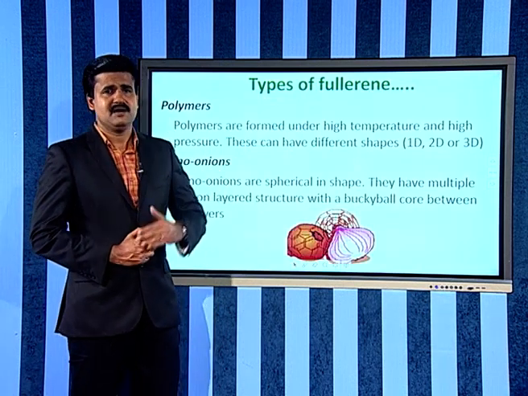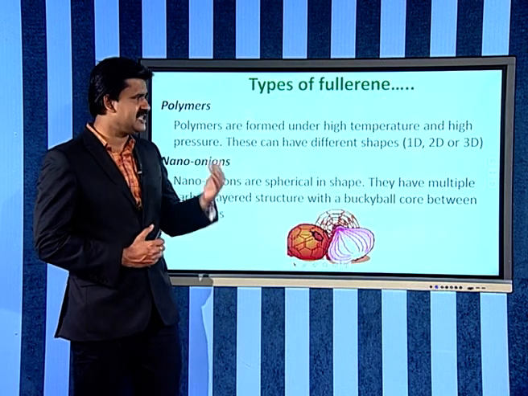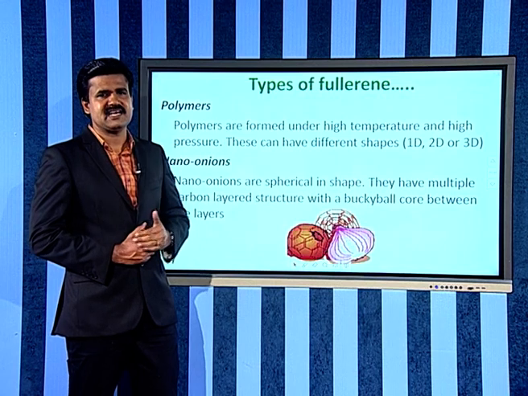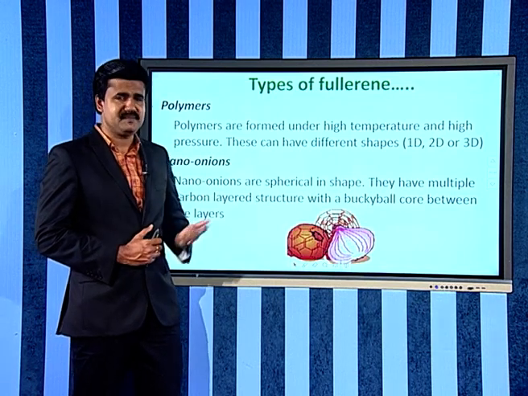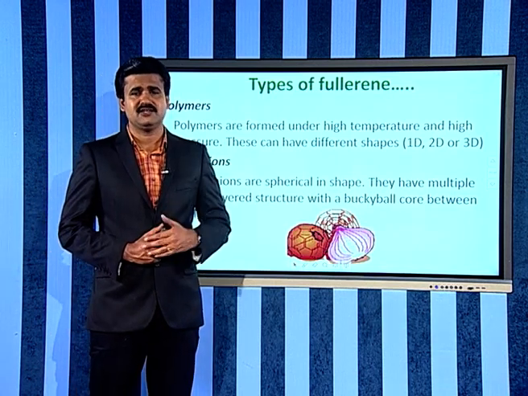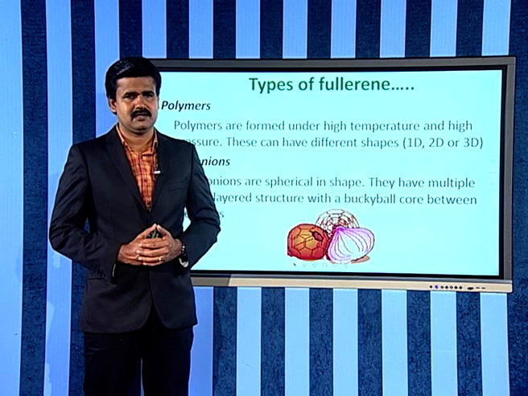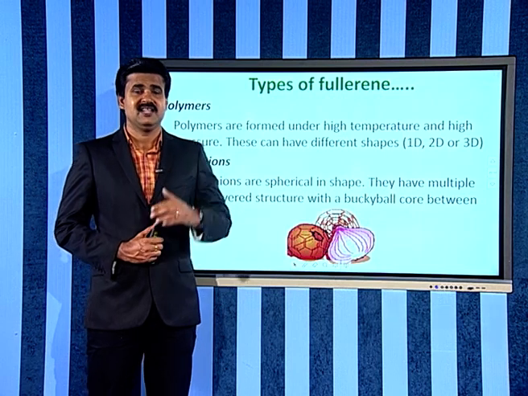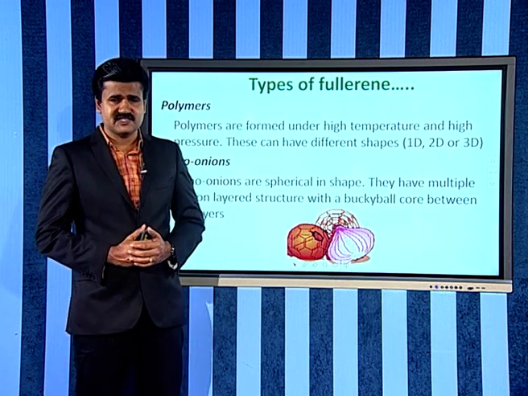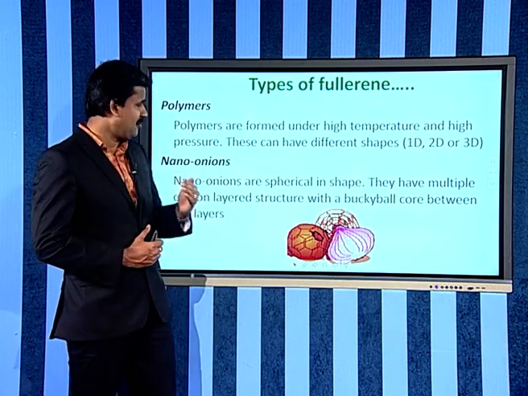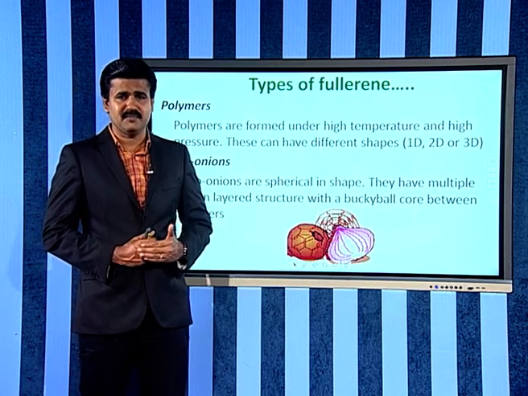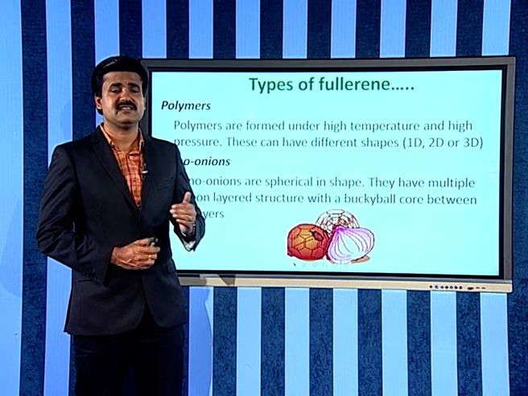Polymers. Polymers are formed under high temperature and high pressure. These can have different shapes. It may be one-dimensional, two-dimensional or three-dimensional. Nano-onions is another category of fullerene. They are spherical in shape. They have a multiple carbon-layered structure with a buckyball core between the layers.